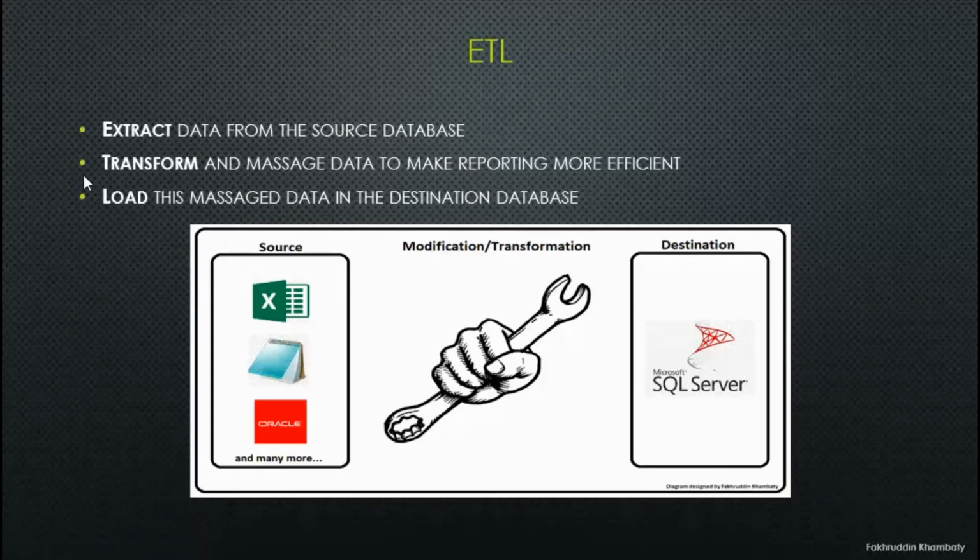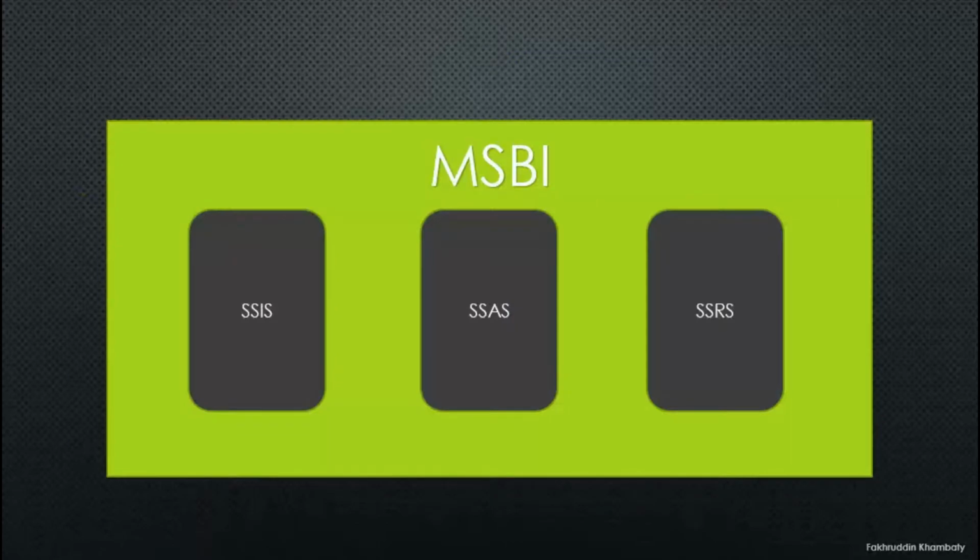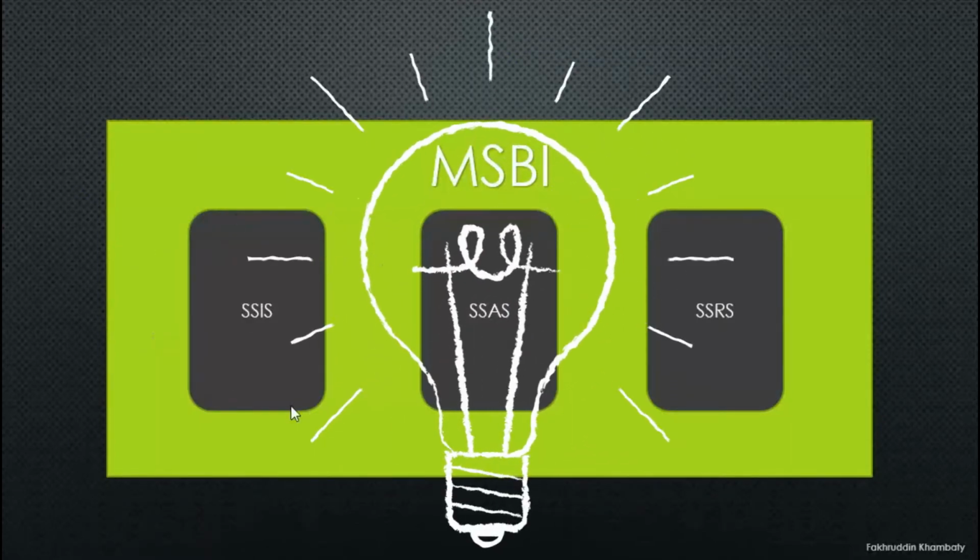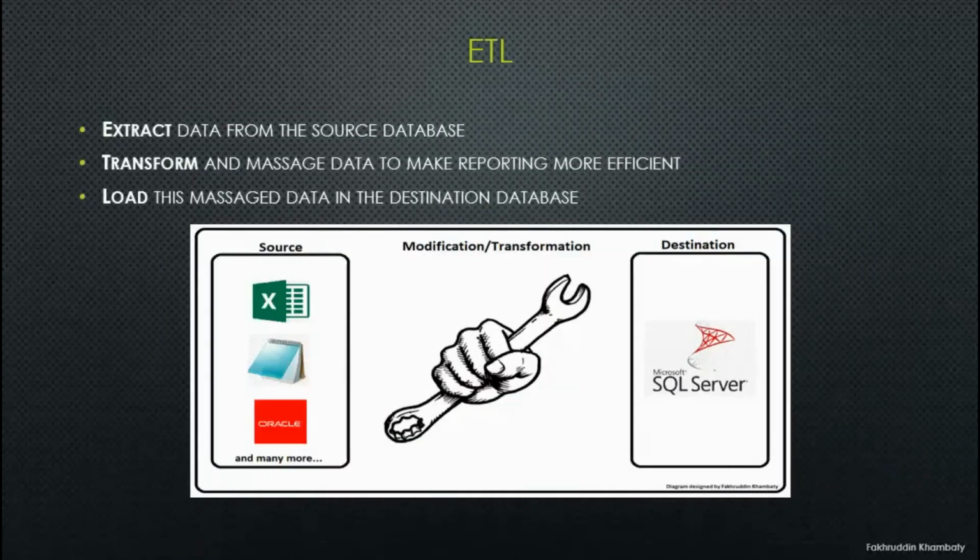Where was this center part missing, which was transform? Remember, we are learning MSBI. There are three pillars: SSIS, AS and RS. We are focusing on SSIS. Under SSIS, we are looking at ETL. We just extracted and loaded the data, but the transformation was missing.